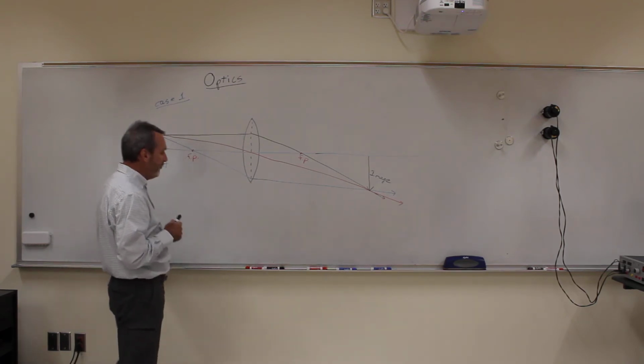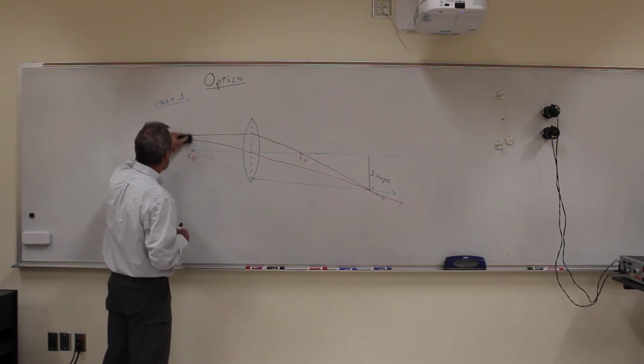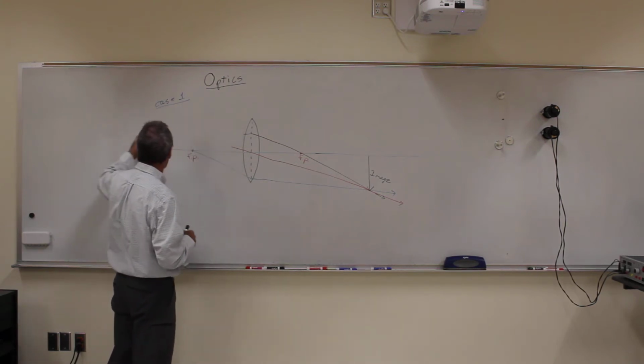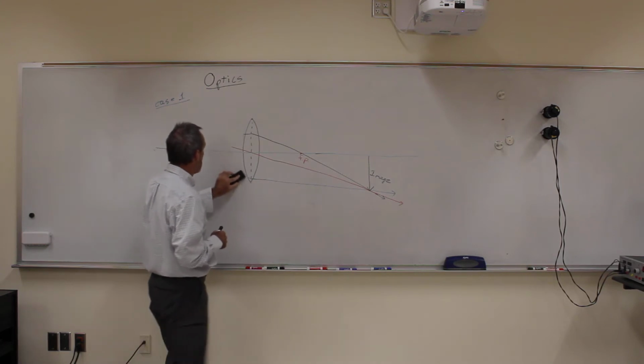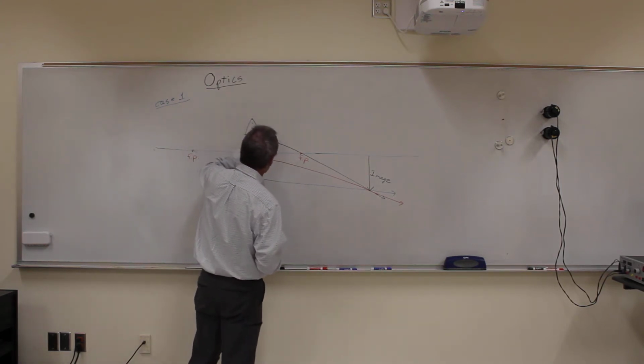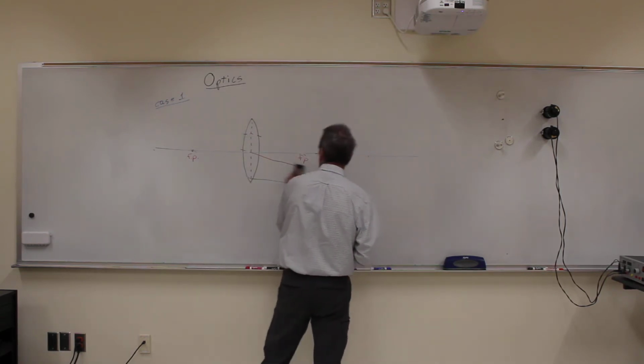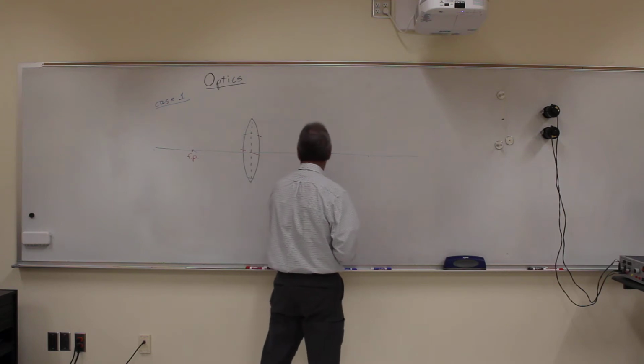Now we're going to do case 2. Case 2, so I'm going to get rid of these light rays. I'm going to leave the same lens, because we didn't change the lens. Same lens, same focal points.